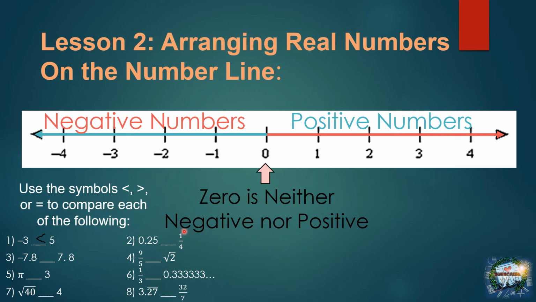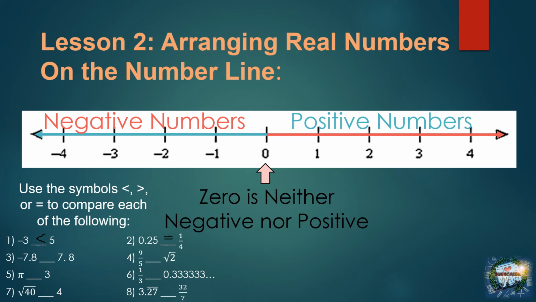Pag kinonvert natin ang 1/4 into a decimal, that's 0.25. So, ang ibig sabihin natin dyan ay pareho lang. So, gagamitin natin yung equal sign. So, 0.25 is equal to 1/4.